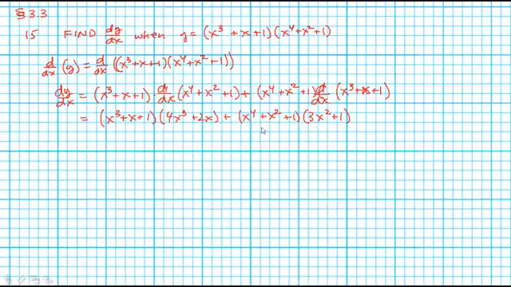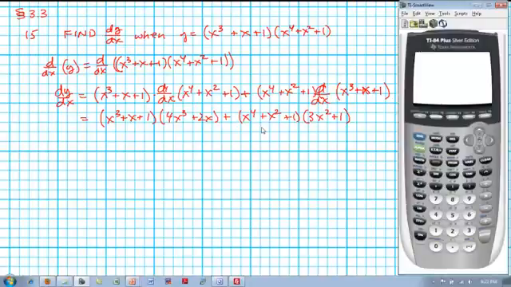derivative, and what we need to do is confirm that graphically. The way we're going to do that is go into calculator mode, and put in the original function, x cubed plus x plus 1 quantity times x to the fourth plus x squared plus 1 quantity, and I'll do a zoom normal for that.